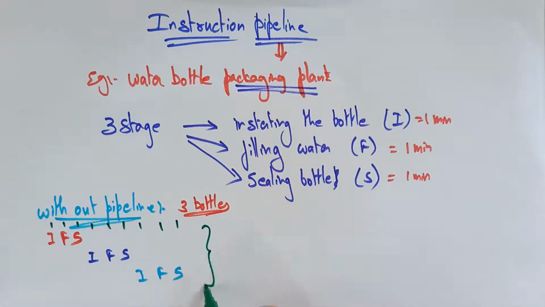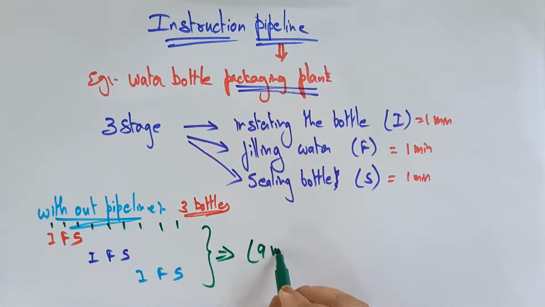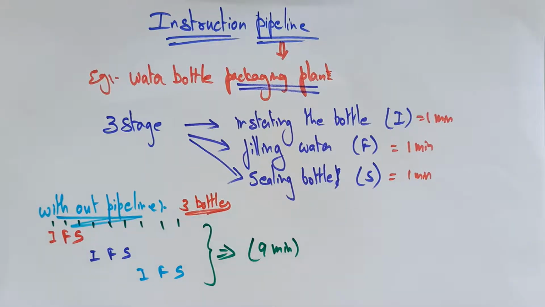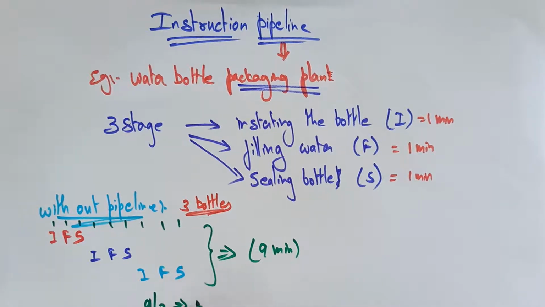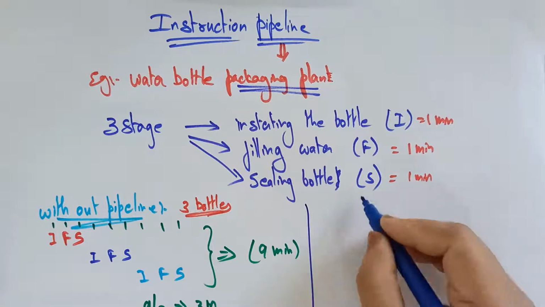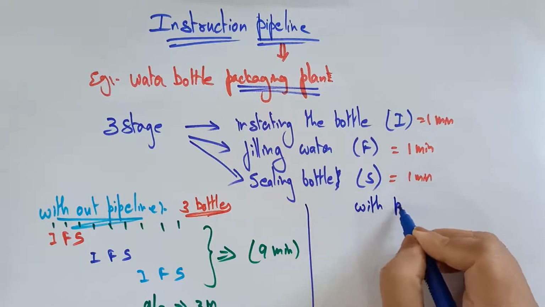So in total it takes 9 minutes to deliver the 3 bottles, inserting, filling, sealing. That means the average, 9 by 3, is 3 minutes. Now let's consider with pipelining. What happens if the pipelining concept is there?